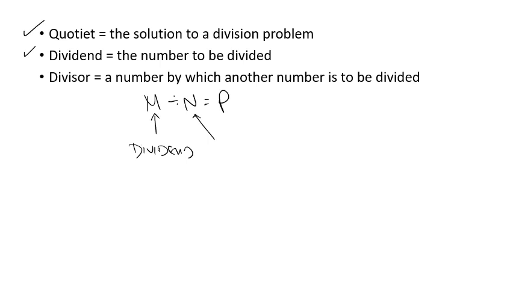And then it gets divided by n, which is my divisor. That gives me a quotient, which we could call p. So these are the three parts to our division problem.